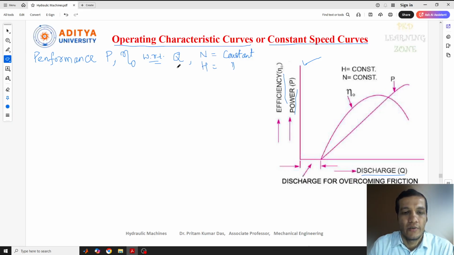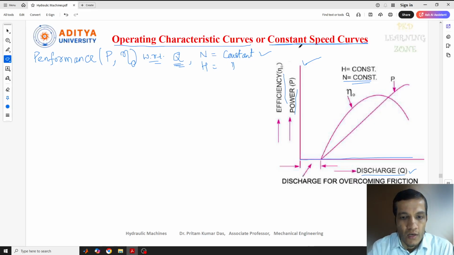It is fixed. These two parameters we need to see with respect to the discharge. So in the x-axis we have taken discharge, and in the y-axis we have taken efficiency and power. As I told you, we need to see with respect to constant speed. That's why it is called constant speed curves.